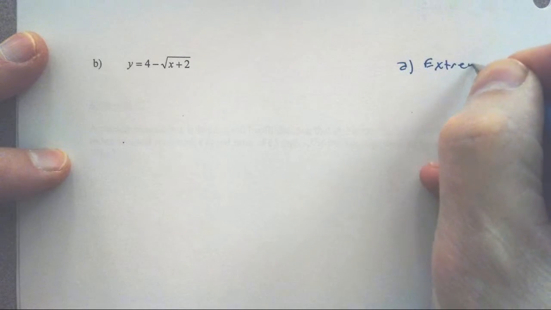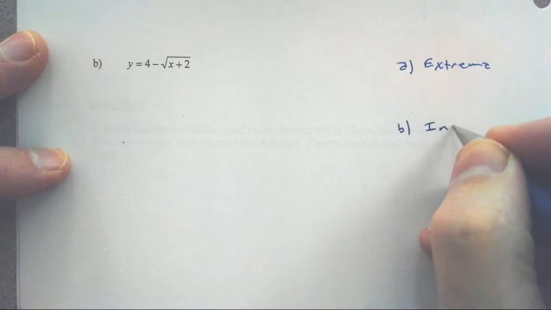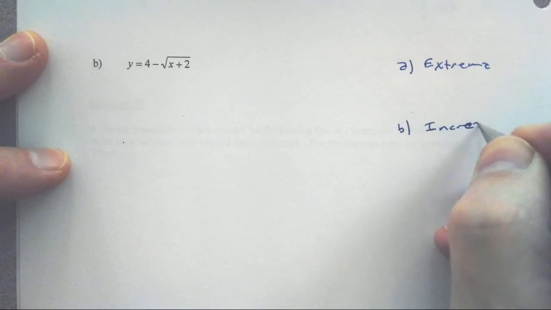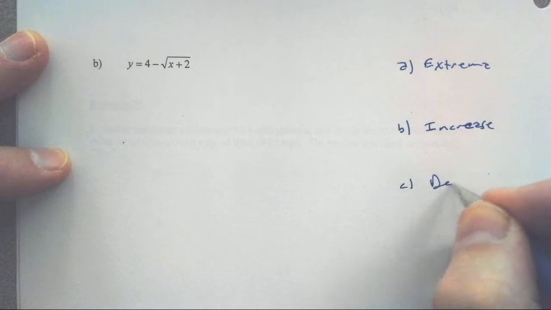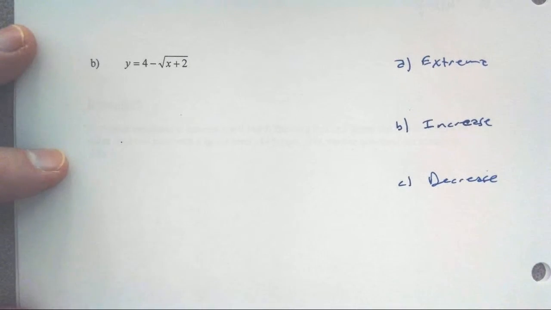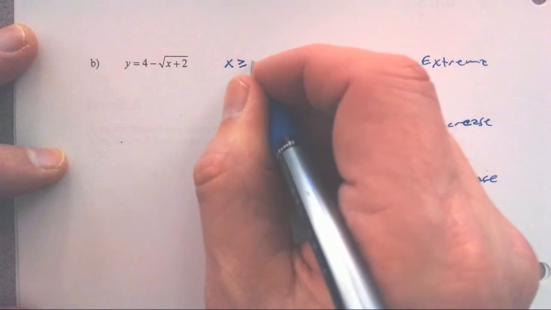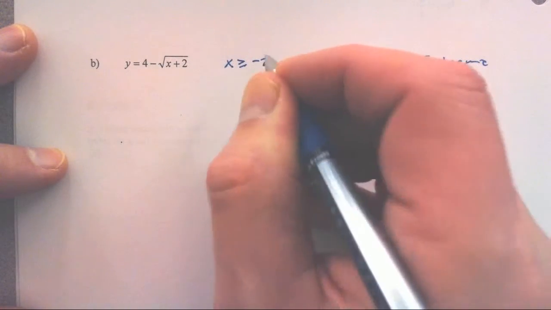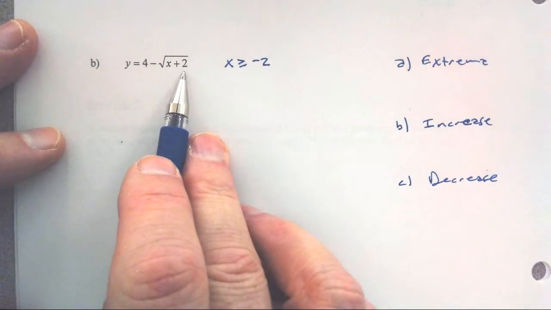Okay, so again, I'm going to start off leaving myself space for answers. Our extrema, I'm going to go in A. Our intervals perhaps of increase are going to go in B. And C is going to be our intervals of decrease. The first thing we should note here is that x has to be greater than or equal to -2. We have an endpoint at -2.